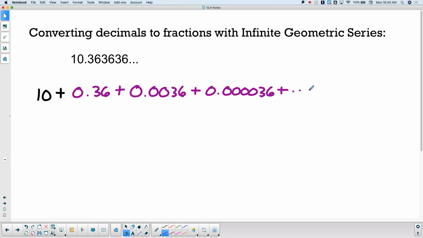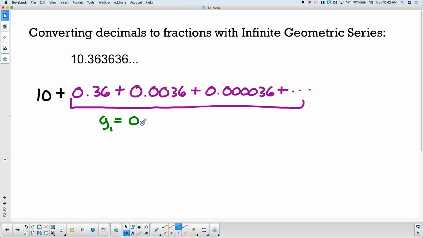Okay? So if I'm looking just at this, setting that 10 aside for right now, that gives me a first term of 0.36, which I saw in everybody's paper. Okay? That gives me an R value of 0.01 because I have two digits repeating.